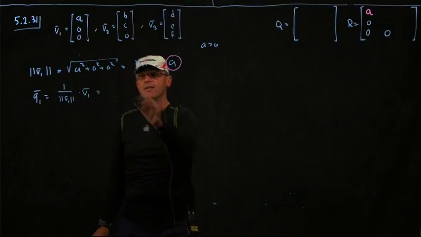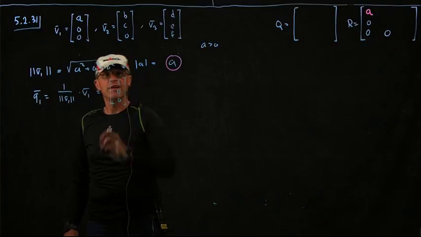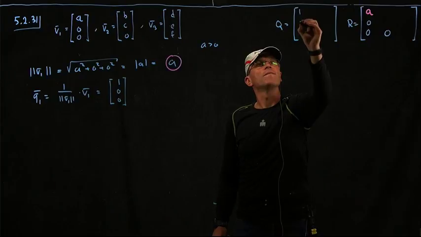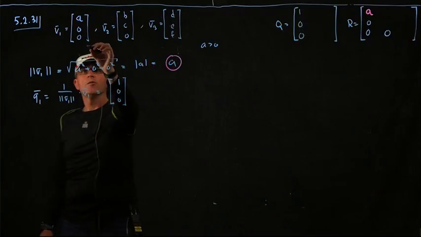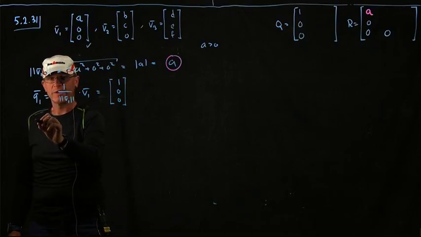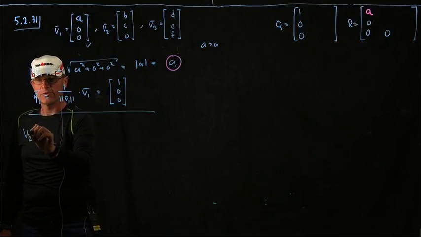So that gives us the first standard vector, 1, 0, 0. Okay, so we're done with V1. Then we want to find V2 perpendicular. All right, so usual setup.